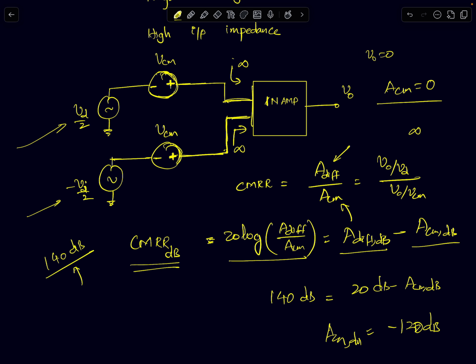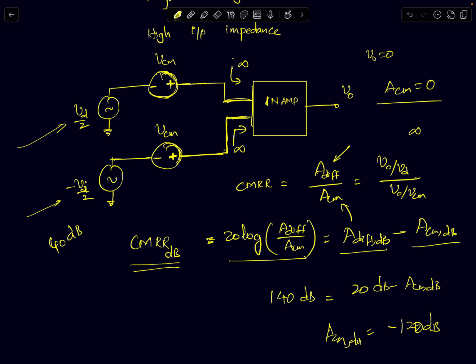Let's start with an example. Assume the differential gain of a circuit is 40 decibels. If I apply the same inputs at the two input terminals and measure the output, ideally it should be 0, but due to mismatches in the circuits it will not be 0.